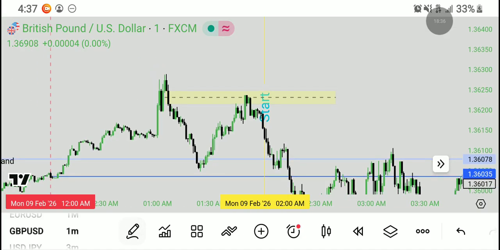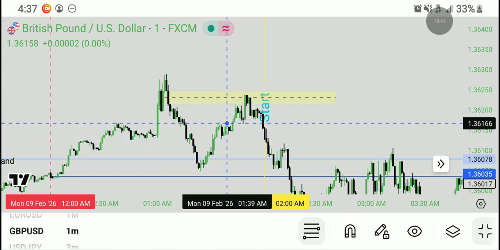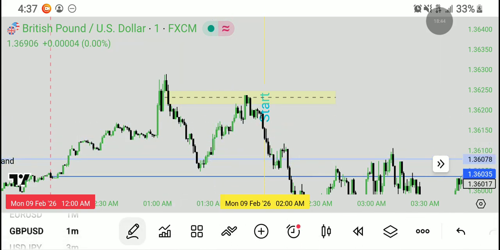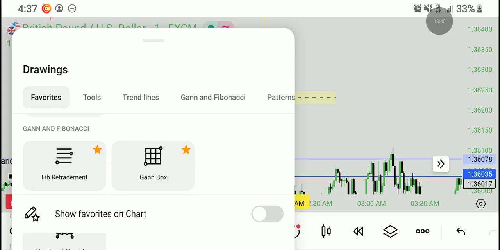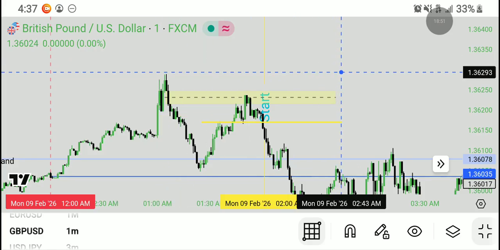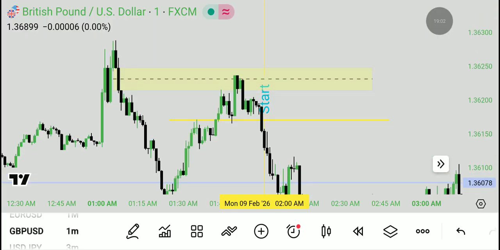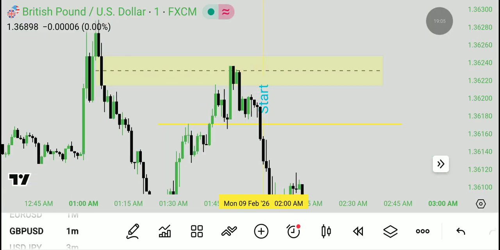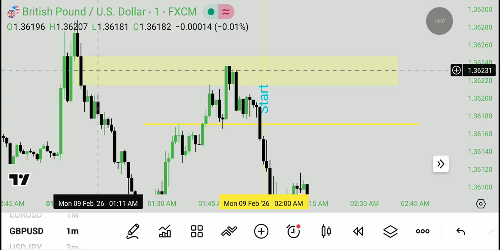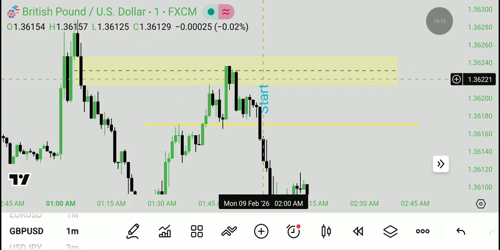You can see from here to here, you can see the 50% and the 50%. What do you see at the 50%? There is gap, and the gap is where they hit before 2 o'clock a.m.